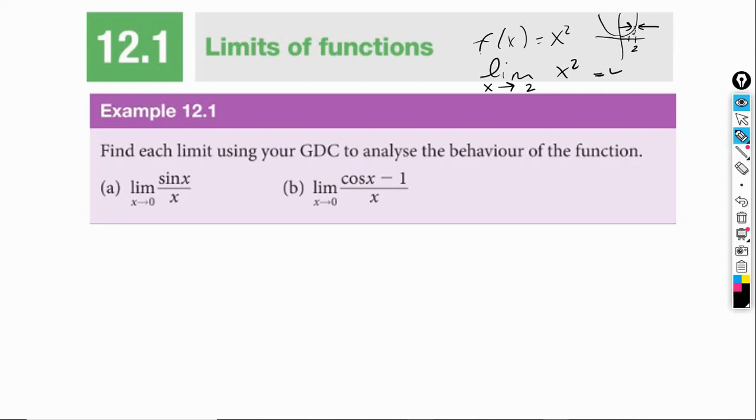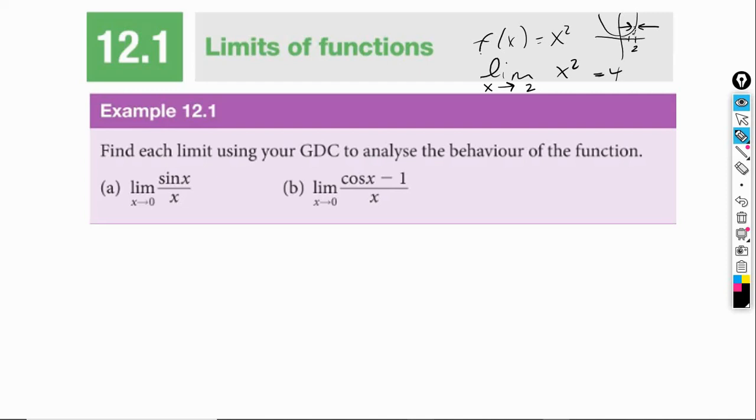Even if we approach this value from the left or right, say if we plug in something like 1.9999 or 2.0001, they will give us values very close to 4, and that would be the way to prove that the limit as x approaches 2 of x squared is 4. So this is a very simple case which we can use to explain what a limit is.